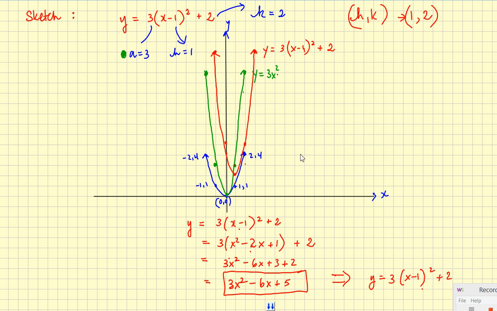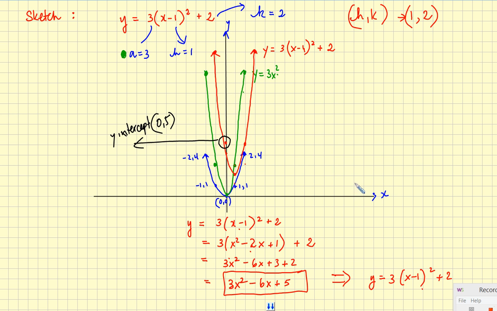But the interesting thing is that if we take a look at the y-intercept of our red graph, it goes up to 1, 2, 3, 4, 5. There's our y-intercept. The y-intercept is found at (0, 5).